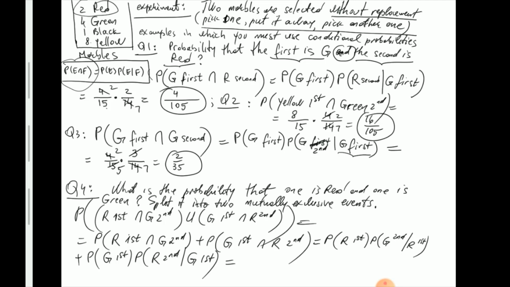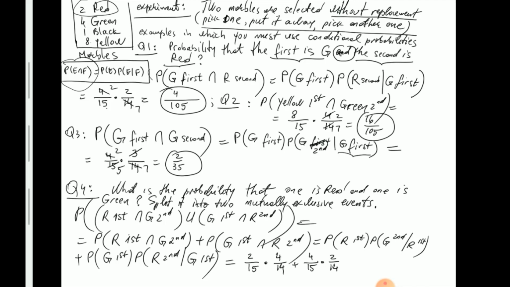So the probability to pick a red in the beginning is 2 over 15, because there are two red marbles, right? Times green, which is 4 of them over 14, plus the probability of green first, which is 4 over 15, times the probability of red second given the green is first, so that's 2 over 14.